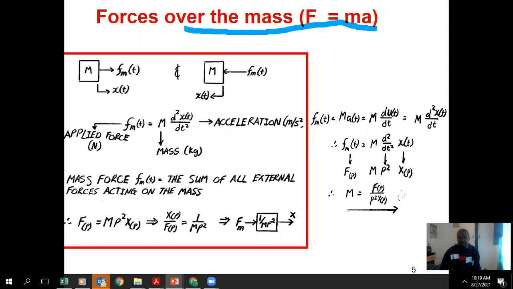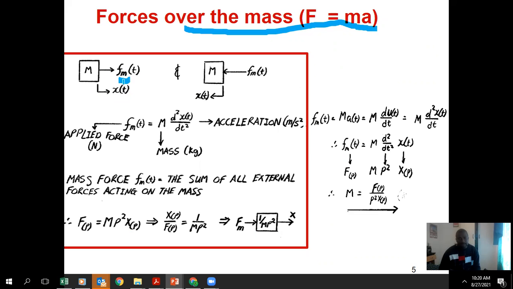This in grade 12, we've done a lot of them. If a force is applied on a mass, Fm, then the way it accelerates the mass will be proportional to that particular force.